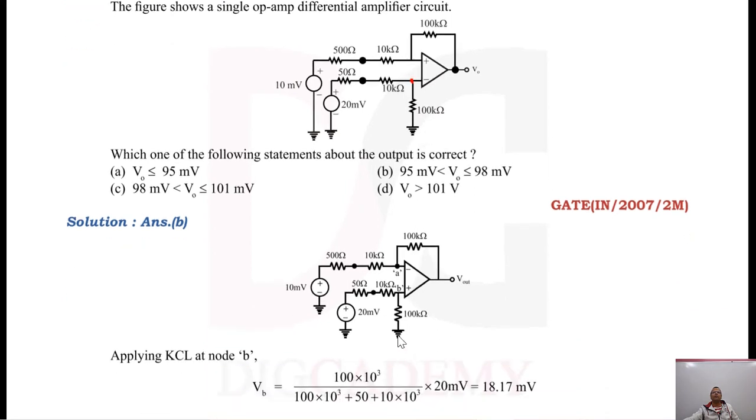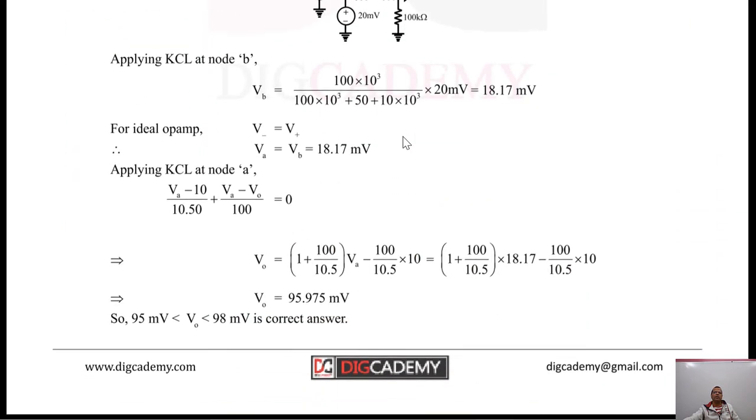But here there is a little confusion about polarity. It is given to be plus, and it is given to be minus, but if it is a feedback circuit, the polarity should be the other way round. Remember, the feedback is always given at the negative terminal, so this should be at the minus terminal.